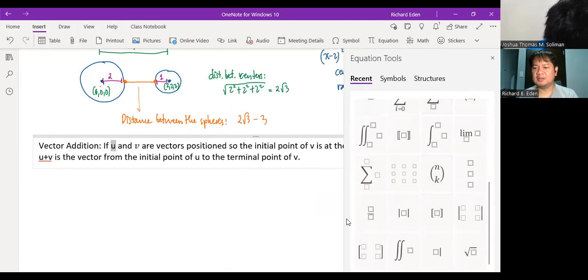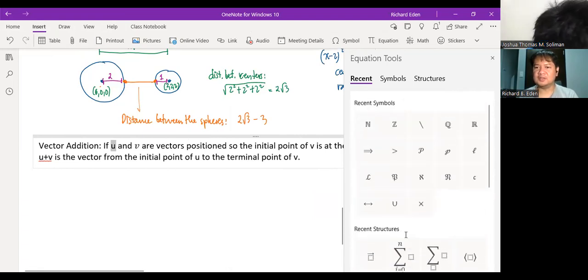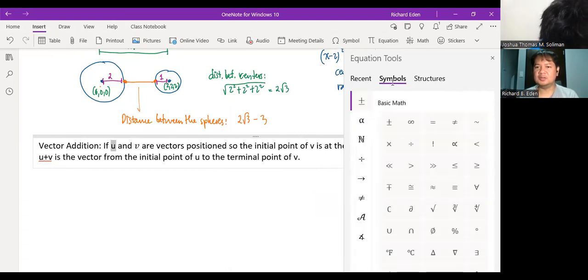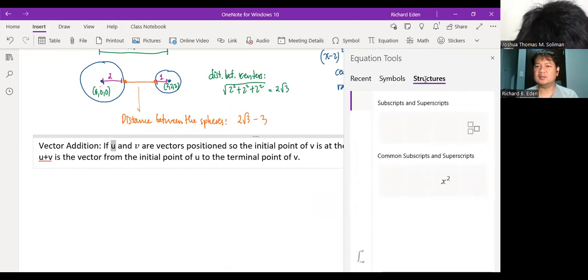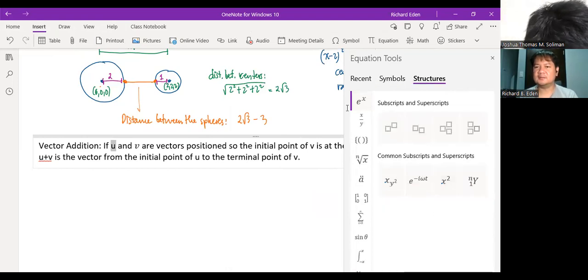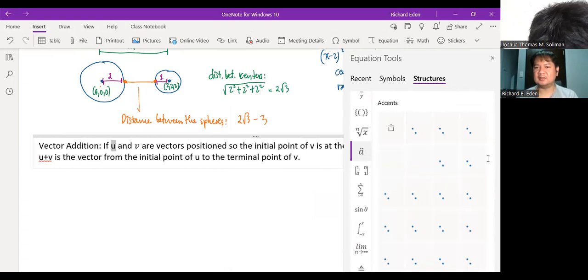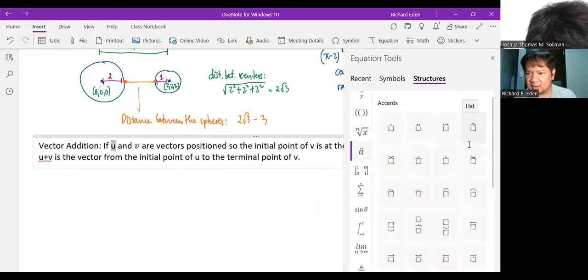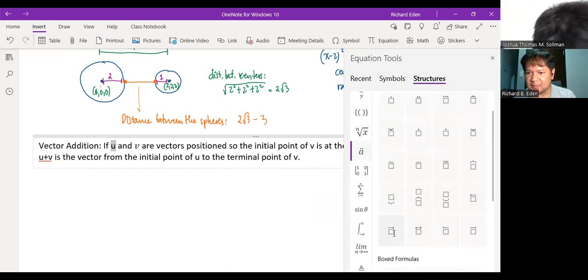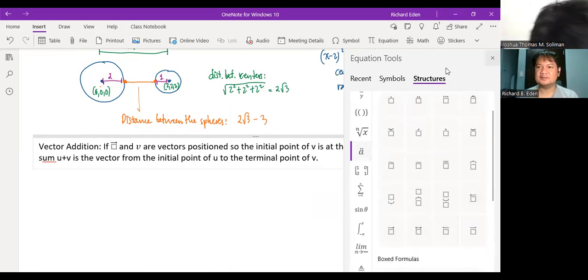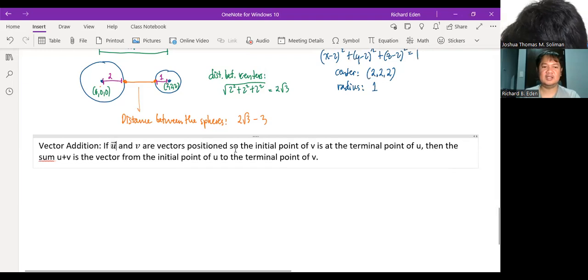Di ba gumamit ng vectors recently? Symbols, and structures. Ito, accents. Ayan. And then in the future, I'll just copy paste. All right, yeah.